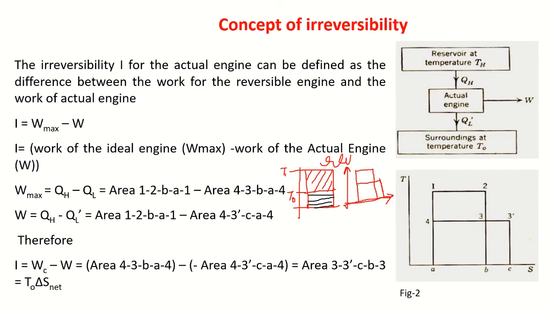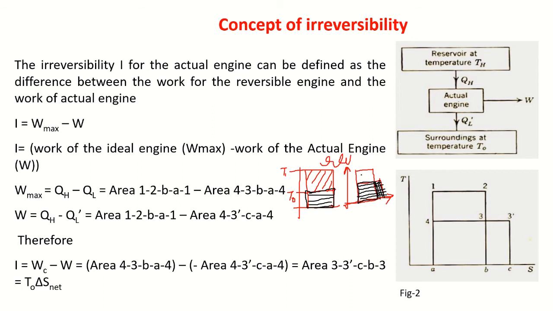In an actual engine, this is the heat rejected. Here, assuming this area and this area are the same, in addition there is this extra area, which you can see, that extra amount of heat gets rejected in an actual engine.